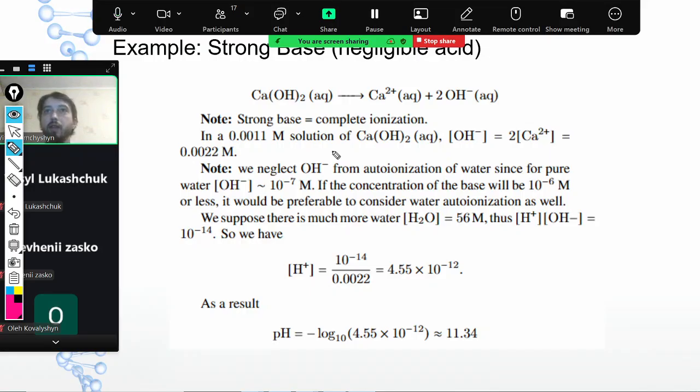The thing is that when this dissociates, for every mole of this substance, we get 2 moles of OH minus and 1 mole of calcium 2 plus. So this basically means that if my initial concentration was this, the concentration of OH should be double that, because I create 2 moles of OH minus per each mole of the initial substance.